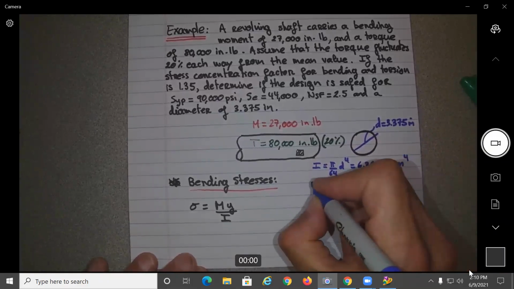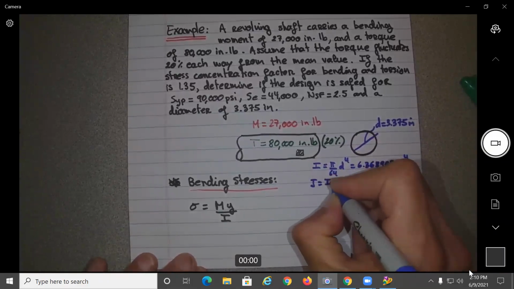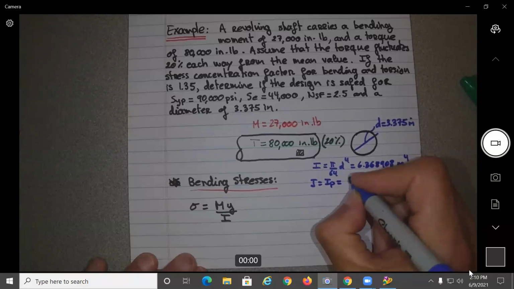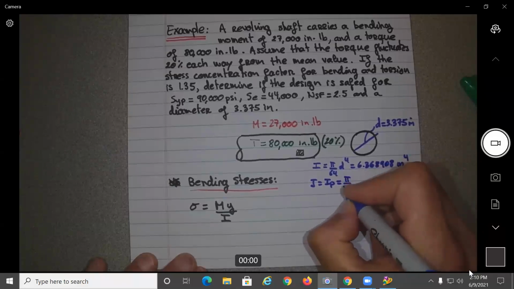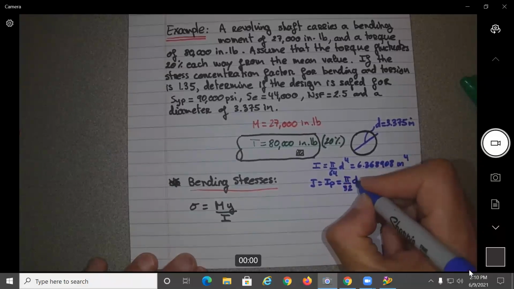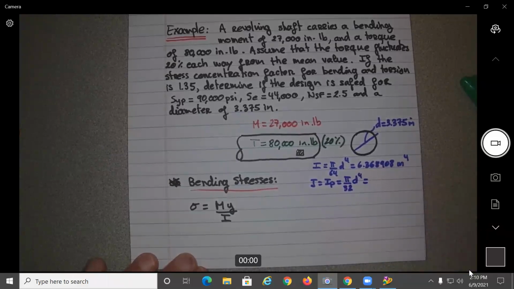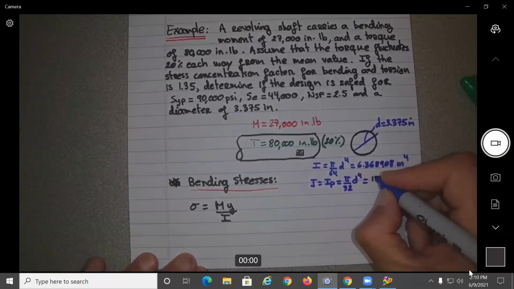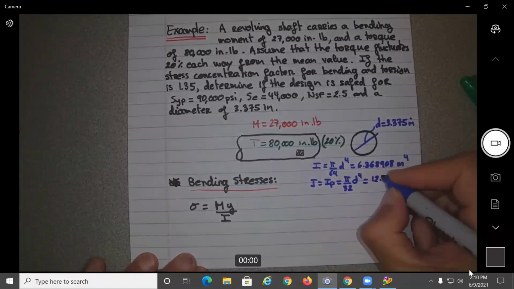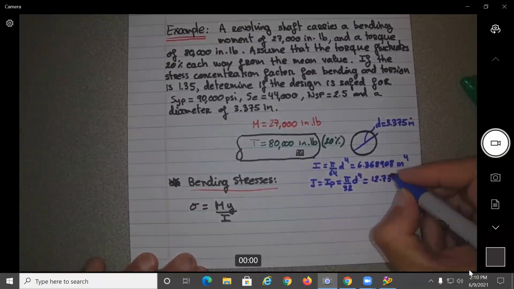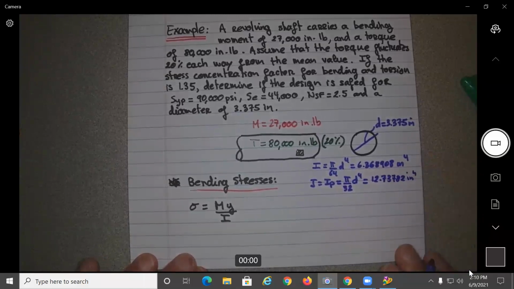The J equal to the I sub P is basically equal to pi over 32, so twice the other one, D to the 4th. And this will give you 12.73782 inches to the 4th.